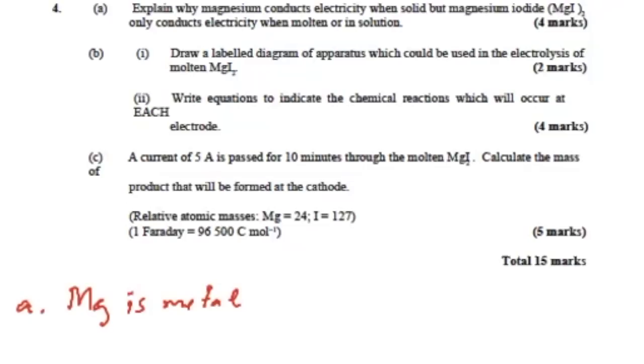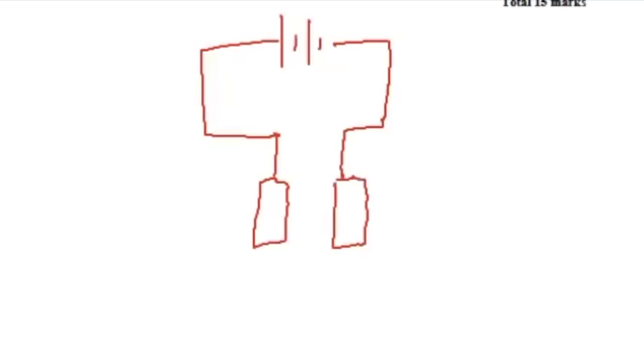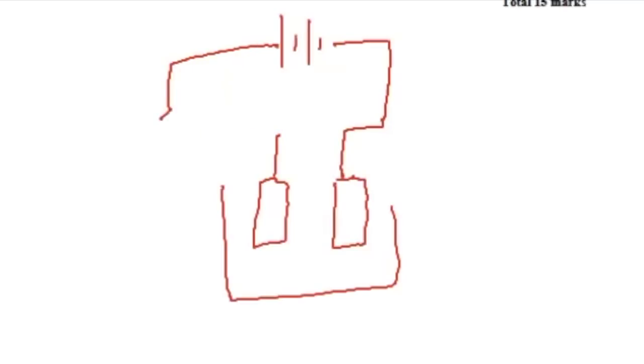Part B, B1. Draw a labelled diagram of apparatus which could be used in the electrolysis of molten magnesium iodide. So we get to draw, we saw the electrolytic cell earlier. So we're just going to put in a switch.